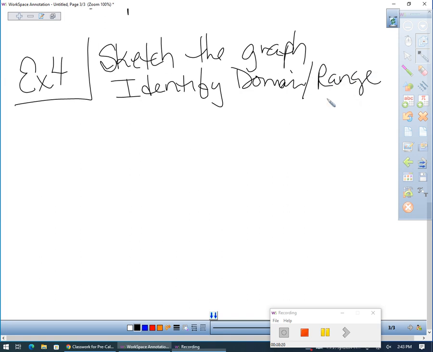All right, but now we're going to start to have some fun with it. Let's say I have y equals 2 over x minus 3 plus 1. So before we get into that, who wants to describe how this changes it?